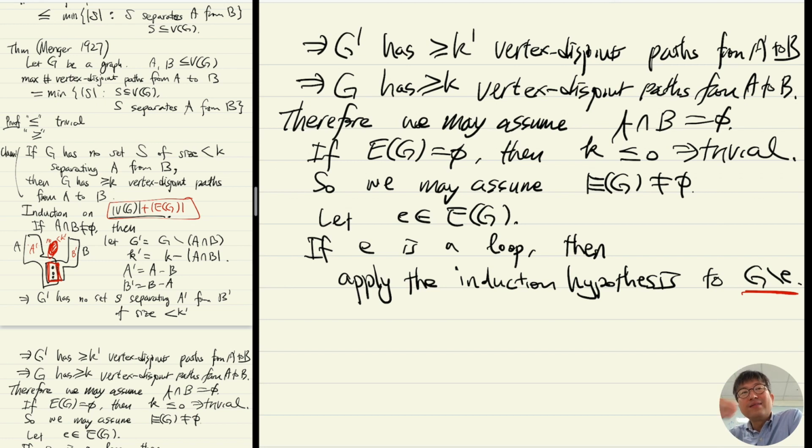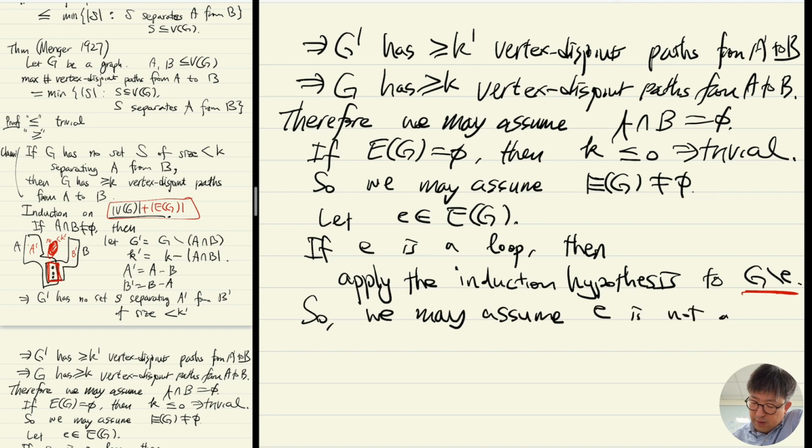And then by induction, I know that the theorem is true for G delete E, and that applies to our main situation. So we can assume that E is not a loop.